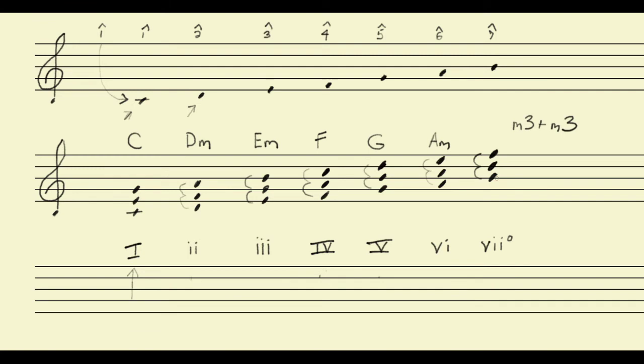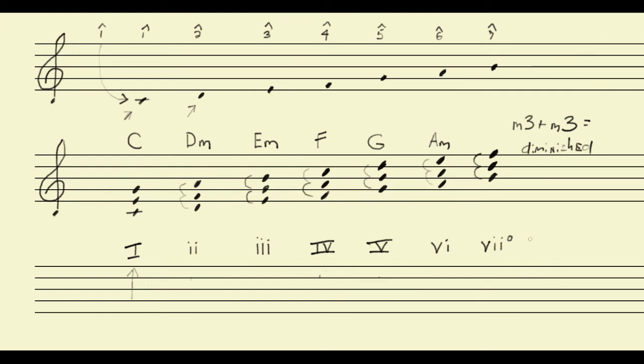A minor triad has a minor third followed by a major third. But what chord has a minor third followed by a minor third? And the name of that chord, which is a minor third followed by a minor third, we call that a diminished chord. A diminished chord, a minor third followed by a minor third.